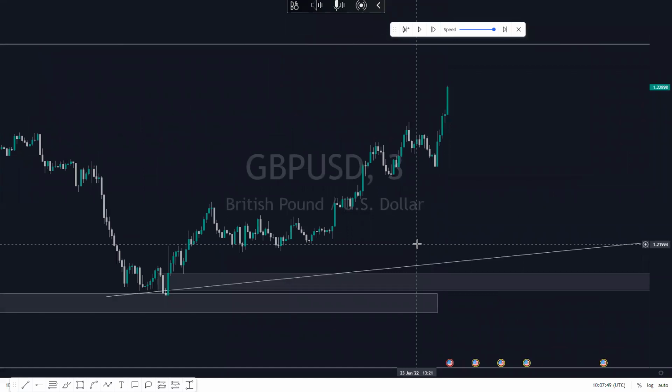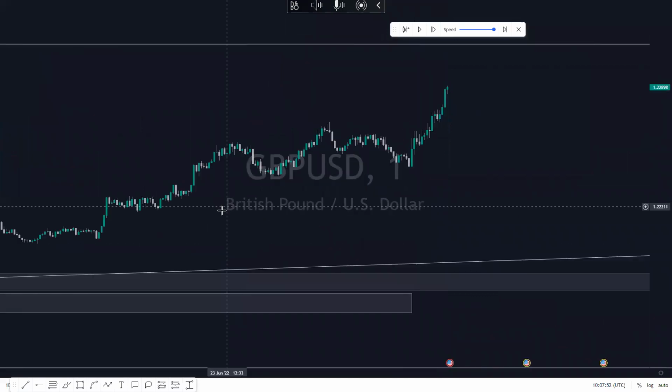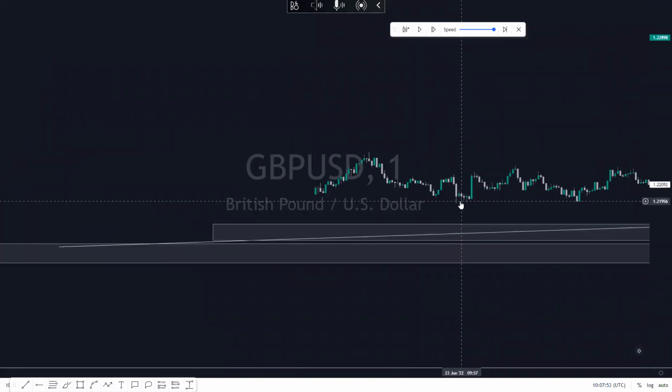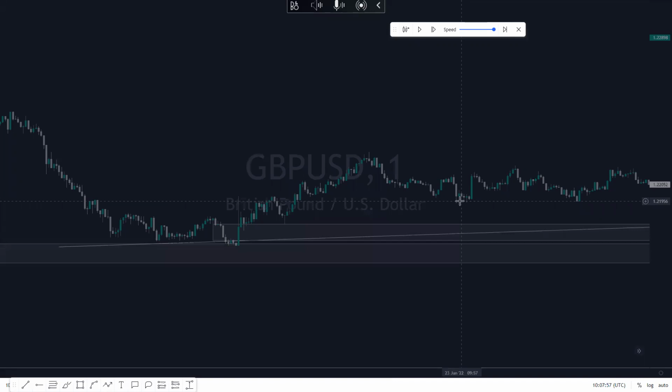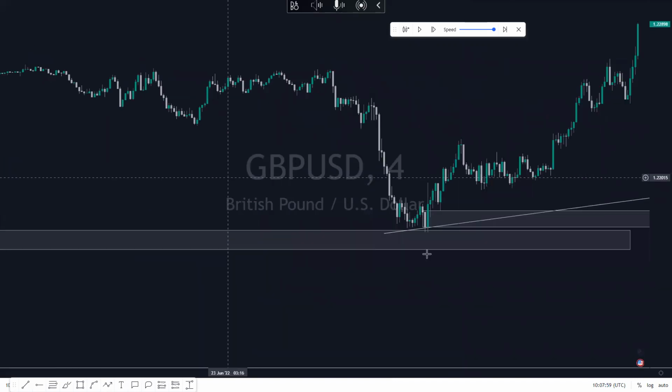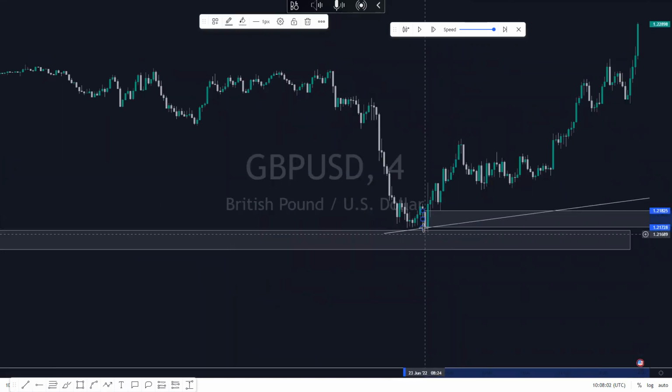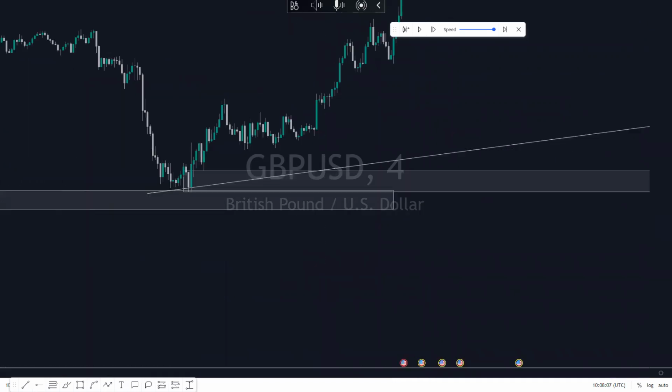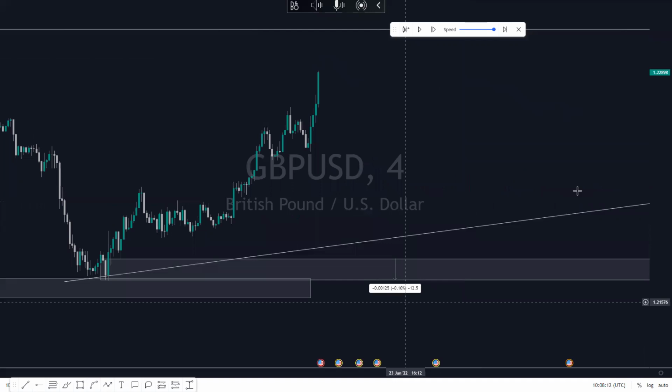But that 4 minutes won't look so valid, 1 minute. Okay, I'm going with 4 minutes. Then if I can see a smaller time frame entry somewhere here, then I'll go with it.